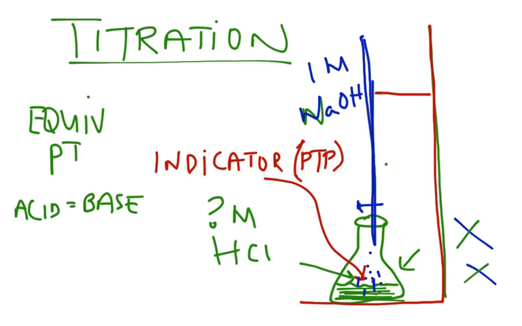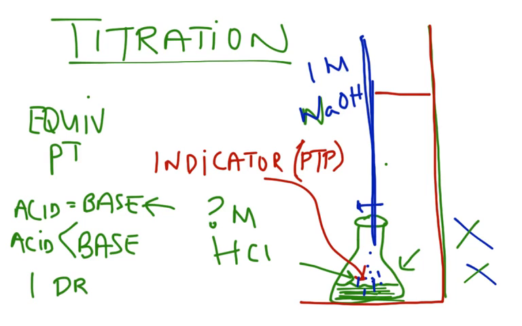I can only tell what's going on when I have my base greater than my acid, because that's when this whole solution will turn pink. If I go too far, I don't know where that equivalence point was. So your goal when you're doing a titration is to go 1 drop past your equivalence point. That's what you want to do.